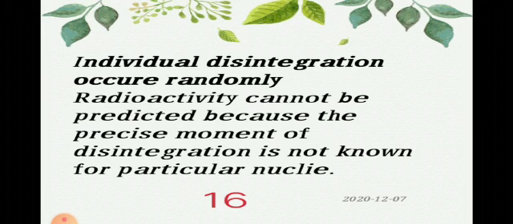The individual disintegration occurs randomly, so radioactivity cannot be predicted because the precise moment of disintegration is not known for particular nuclei. It can emit the radiations after a few seconds, after a year, after an hour, after 10 hours. So individual disintegration occurs randomly.